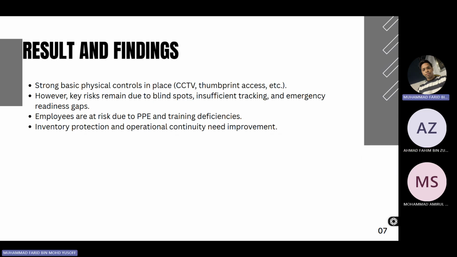So our result and finding on this company: this company has strong basic security.